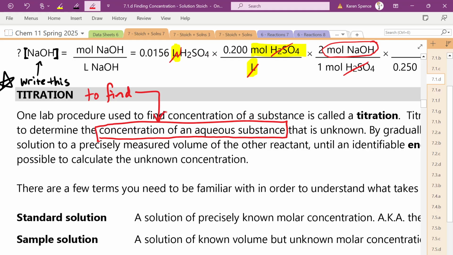To find the concentration of an aqueous substance, there are a few terms that you are required to know. I'm going to put stars beside them. You need to know them. They will be on your test.